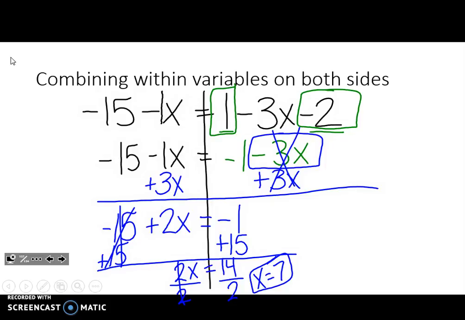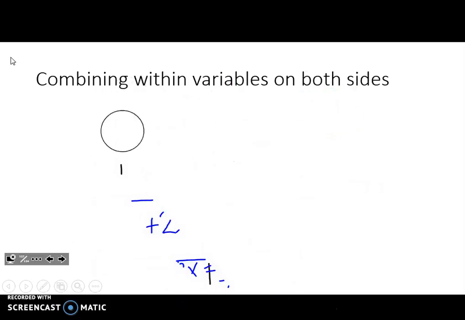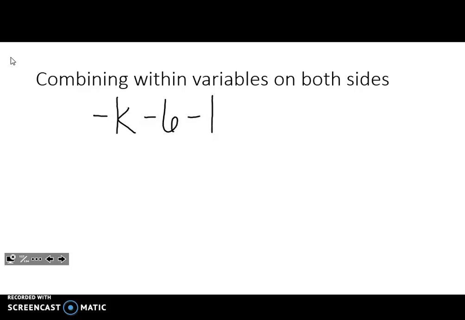Again, you can rewind and watch that again. We're going to go on to the last example. So in this last example, there's going to be something to combine on both sides.